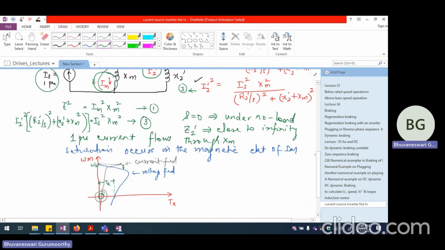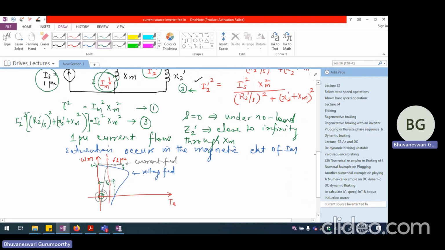So let us say I'm loading the induction motor in the current fed case as well as the voltage fed case, and I'm talking about 1 per unit of current being pumped through the induction motor. If I look at rated torque, at rated torque condition, what is the kind of operating point I'm going to have in the current fed case?